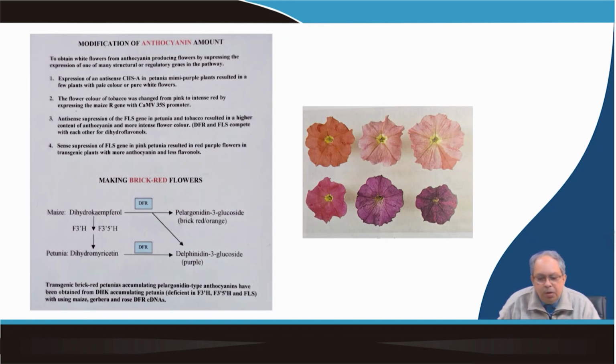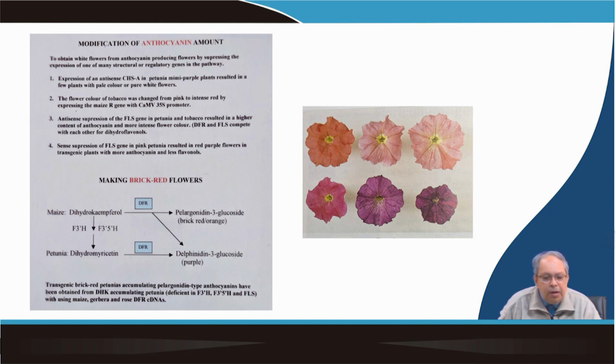Now, modification of anthocyanin amount. One target was set to make brick red or orange red petunia, since brick red or orange red petunia colors are rare.